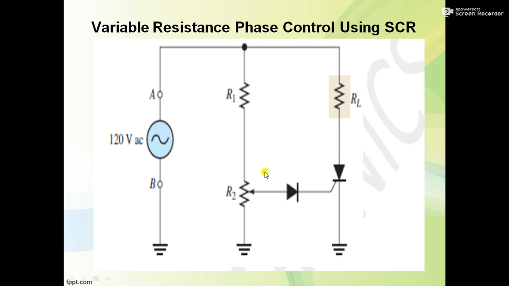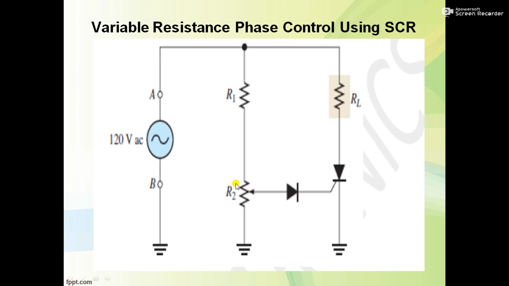By varying the resistor R2, it is possible to change the gate current of the SCR at a specific point on the sine waveform of the AC input signal. By changing this particular point on the sine waveform, we can control the phase of the AC input signal.